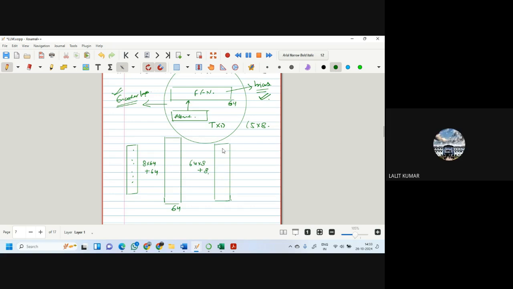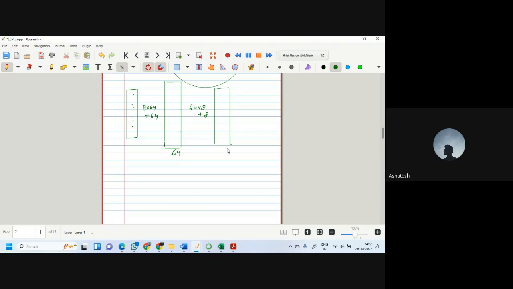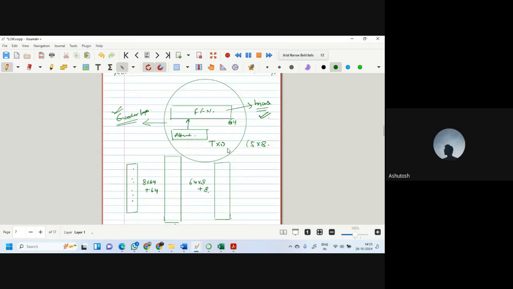One quick note: in the feed forward neural net, in the hidden layer, we have D model into 4 neurons, as the professor covered for the GPT and BERT examples.